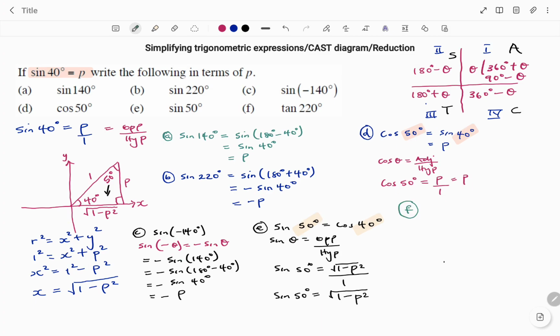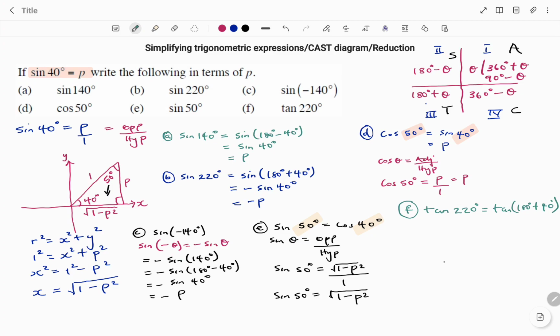So the last part of my question, to find tan 220 degrees: I have tan 220 degrees equals to, if I go back to my CAST diagram, 220 degrees falls in the third quadrant, and if you check the reduction formula, that will be tan 180 degrees plus, to get to 220, I'm going to add 40 degrees.